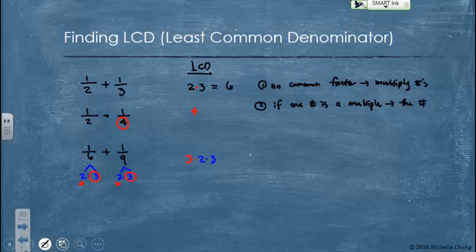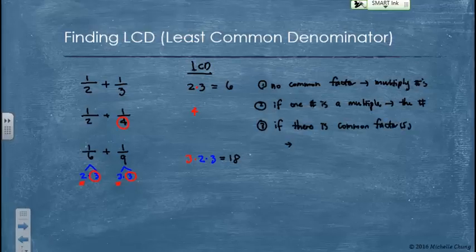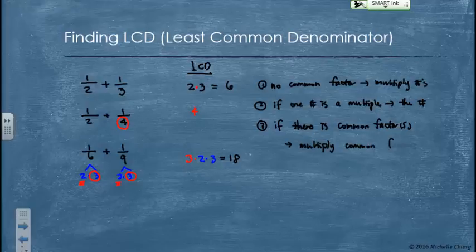So if you multiply them all, then it will be 18. So this will be your least common denominator. Which means if there is a common factor or common factors, then multiply the common factor or common factors only once, then multiply the rest of the factors.